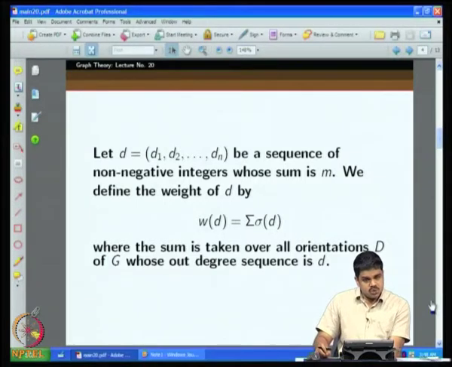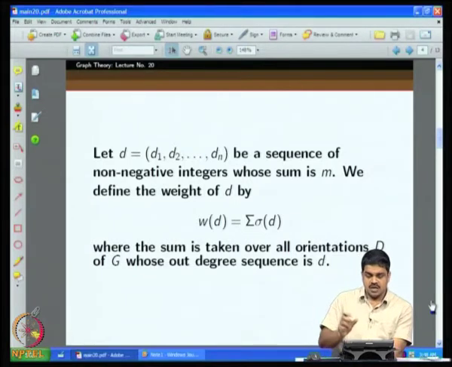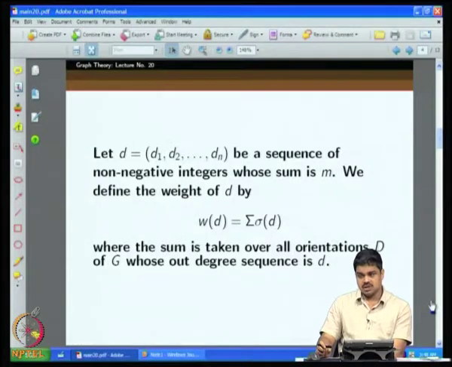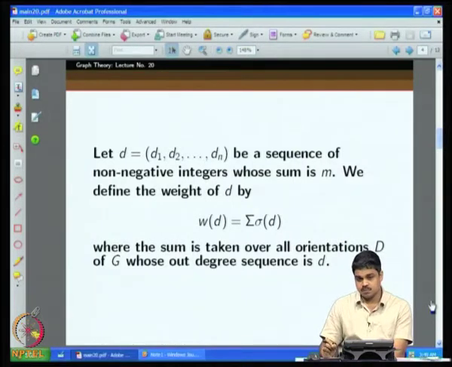Now, with respect to this orientation, we can write down the degree sequence: v1 has degree d1, v2 has degree d2, like that. But it is not true that different orientations have different degree sequences. It is possible that 2 different orientations may have the same degree sequence.